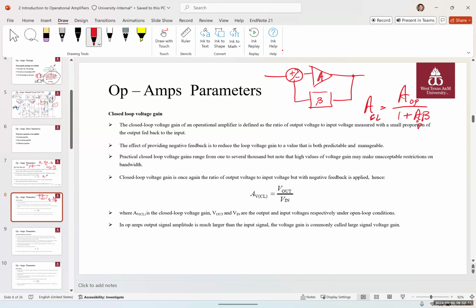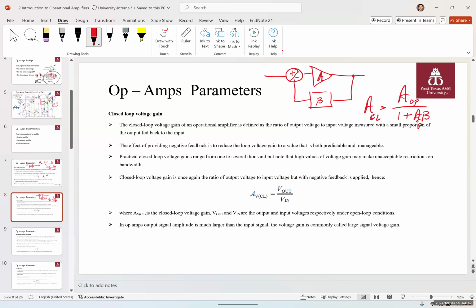So you are reducing the overall gain, but you're making the system more predictable, manageable, and controllable, I could say. In this closed loop setting, if I put a voltage divider or anything in the place of the beta, I can easily control it with a potentiometer.